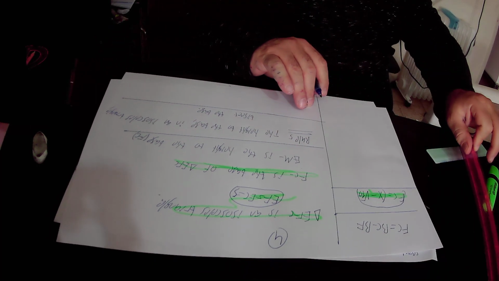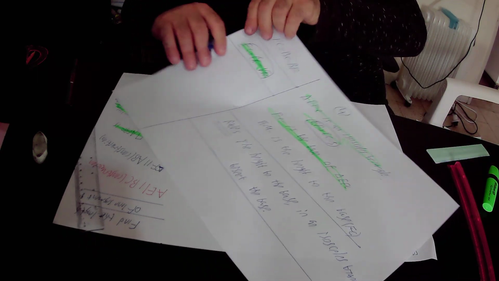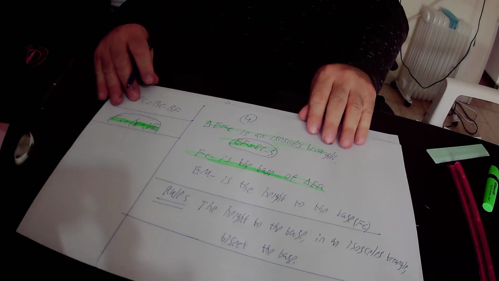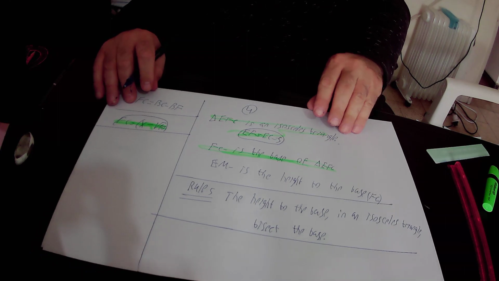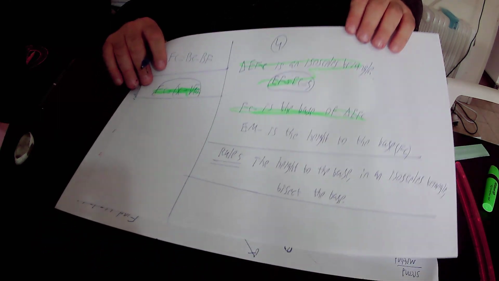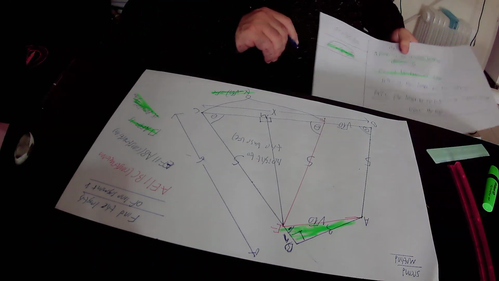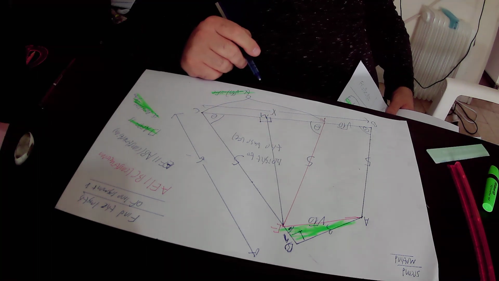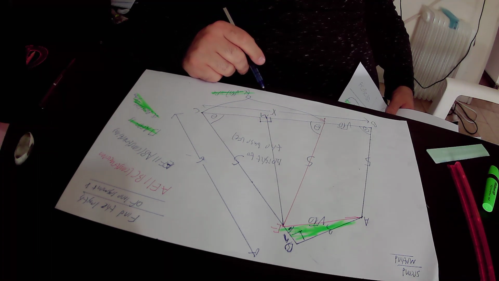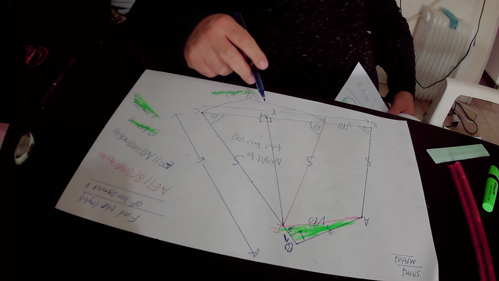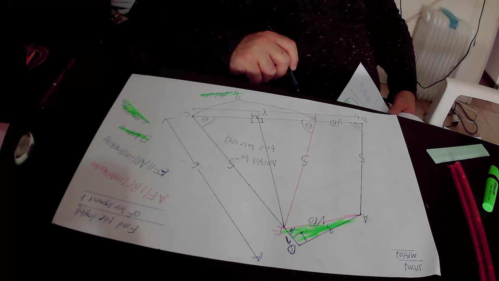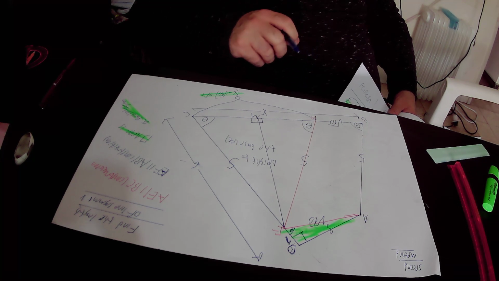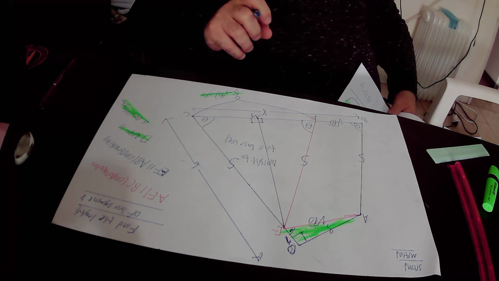So I read rule number 5 again. According to rule number 5, the height to the base in an isosceles triangle bisects the base. So here we have the isosceles triangle FEC, and according to rule number 5, the height EM to the base FC bisects the base FC. That is to say, it divides it into two equal parts.